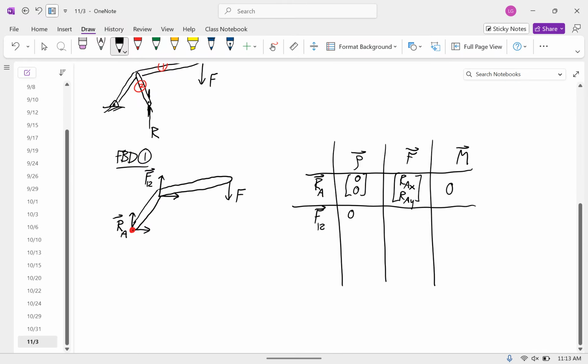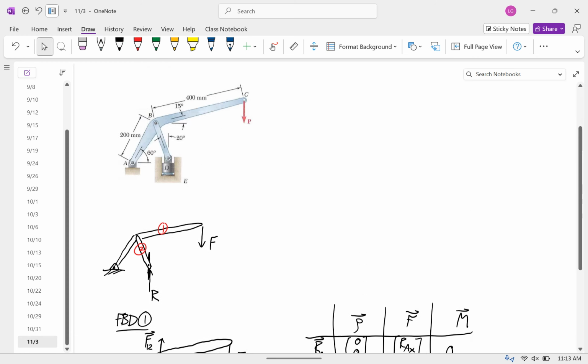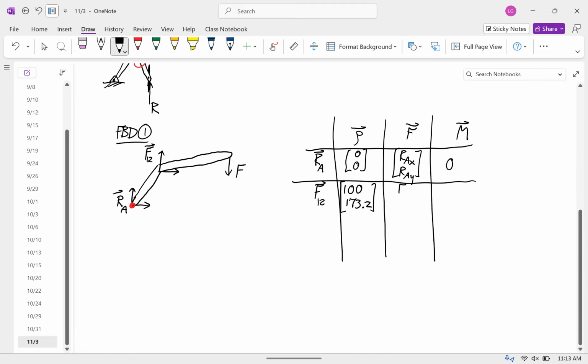So that rho vector is 100, 173.2. The force vector is F12x, F12y. Cross product is 100 F12y minus 173.2 F12x.